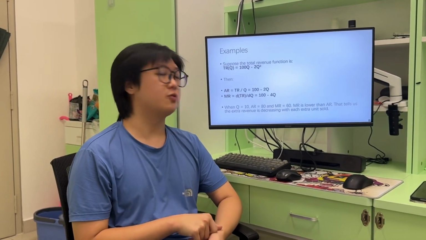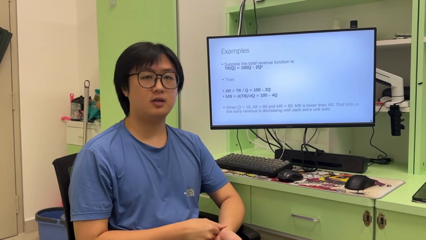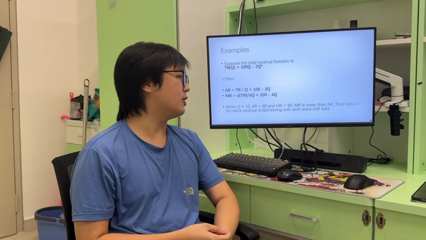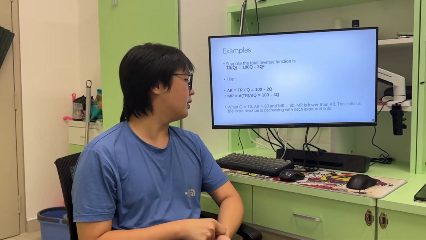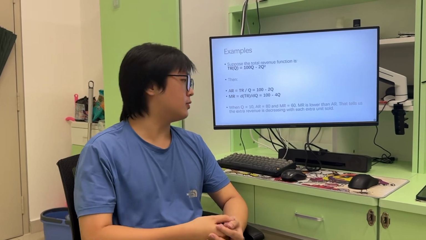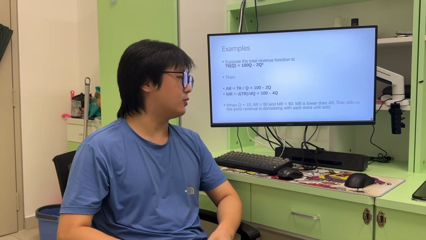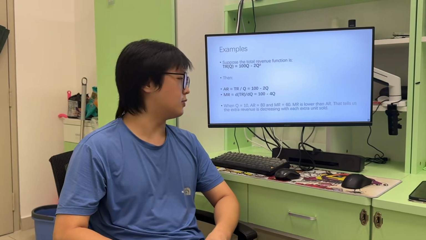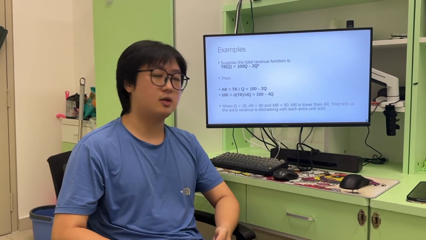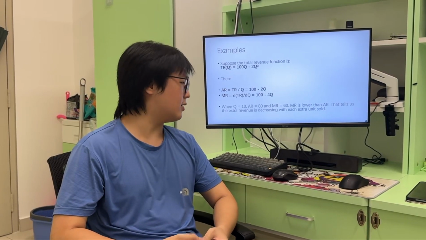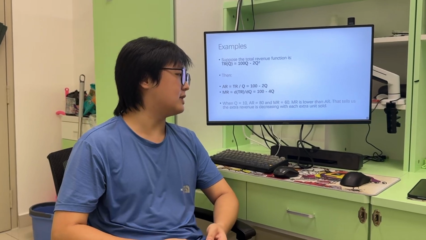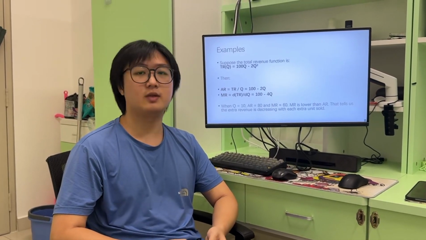And MR equals dTR over dQ equals 100 minus 4Q. When Q equals 10, AR equals 80 and MR equals 60. MR is lower than AR. That tells us the extra revenue is decreasing with each extra unit sold.